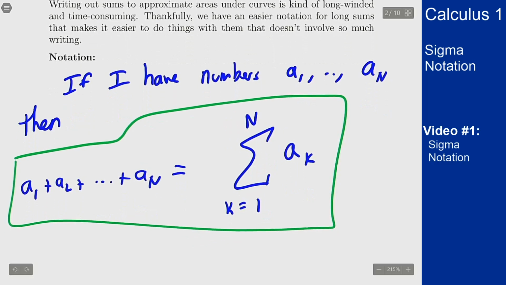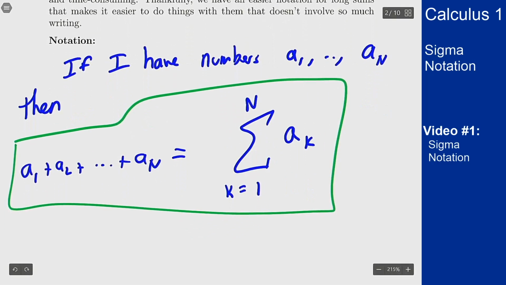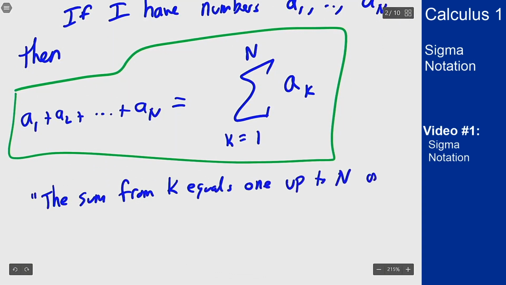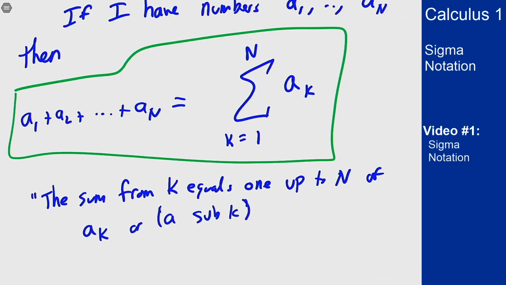It basically says, take the sum, that's what the sigma stands for, start the sum at k equals 1, where k is my variable in here, and go up to N, adding up every term along the way. You generally read this as the sum from k equals 1 up to N of a_k, or a sub k, if you want to use a different notation for that part of the sum.